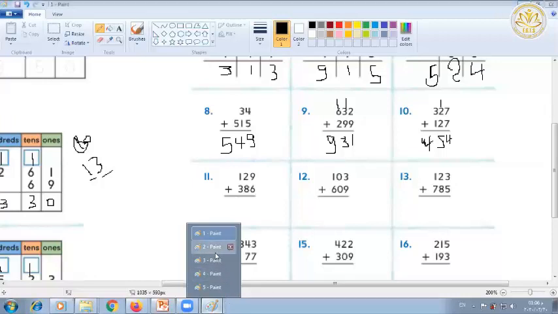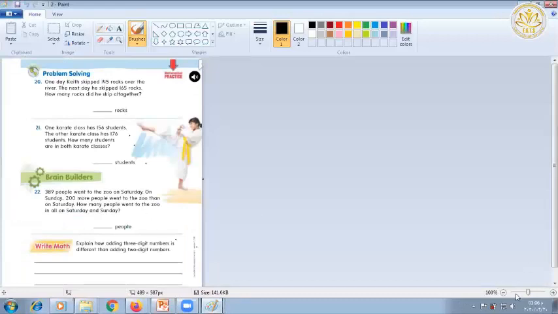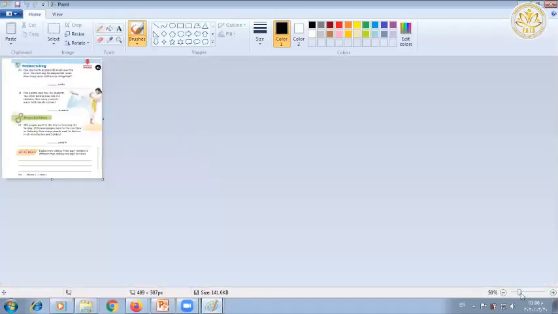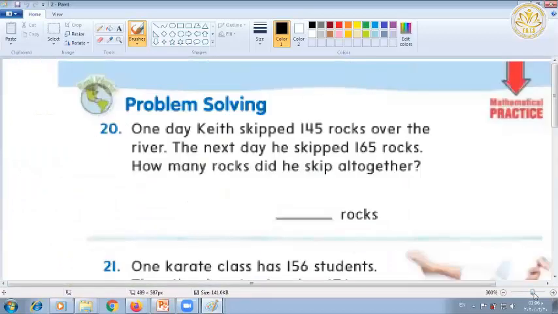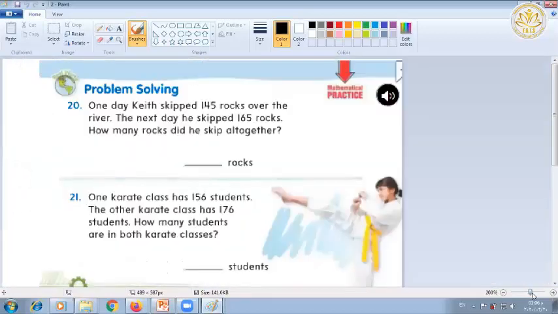But you know what? We can go to this part in our book. Finish this one, and then we end our video. One day, Keith skipped 145 rocks over the river. The next day, he skipped 165 rocks.